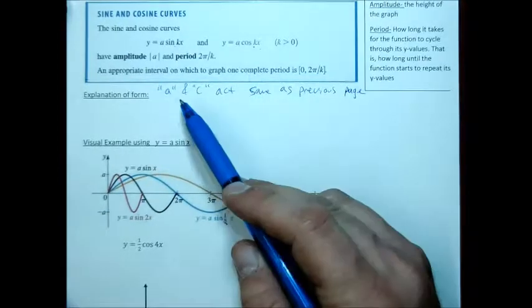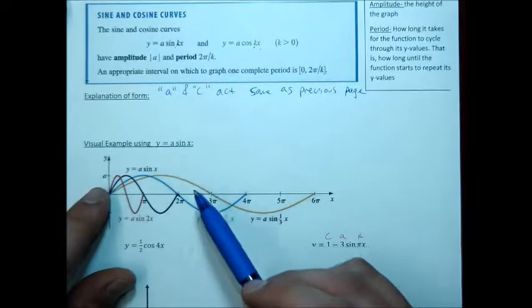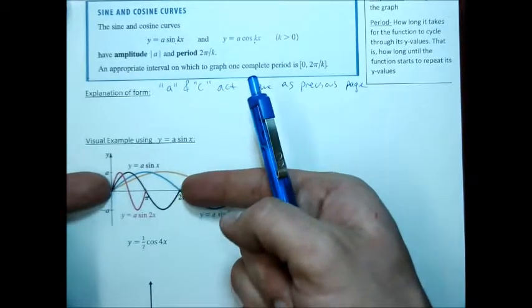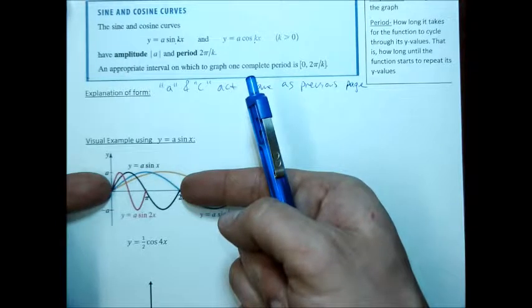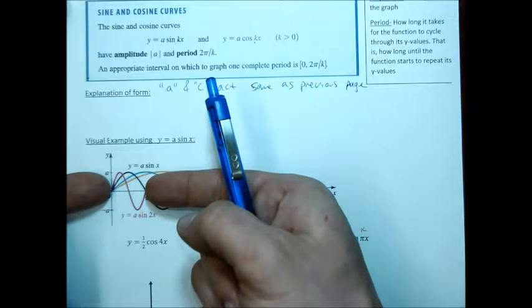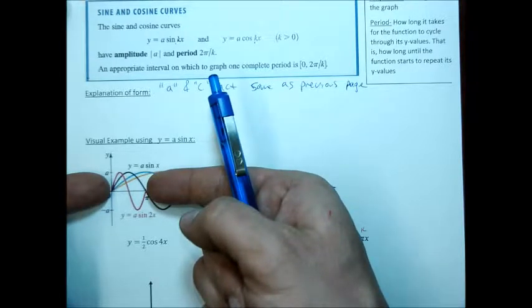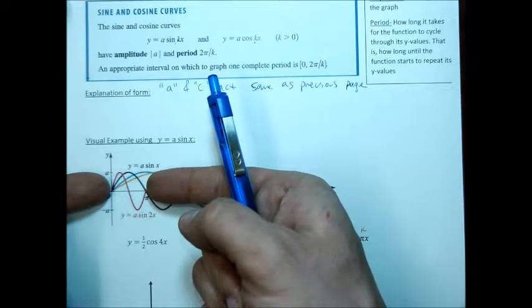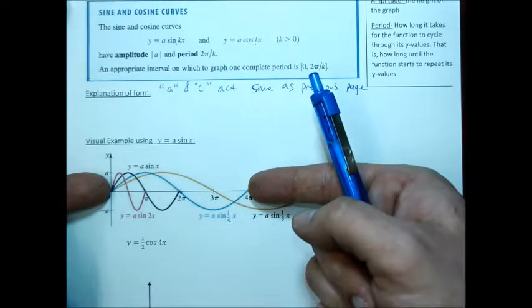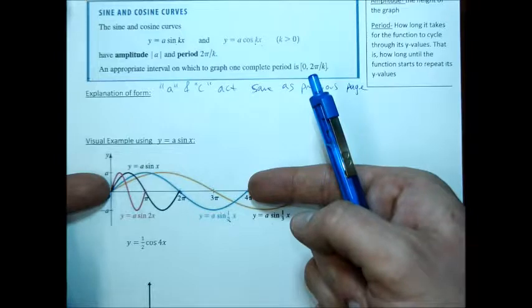So the a and the c do the same thing, but what the k does is it changes the period. The period on this original graph was 0 to 2 pi, the black line. The red line has period pi, because the graph would repeat itself after pi units. The blue line has a period of 2 pi.